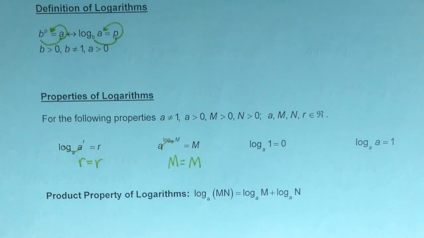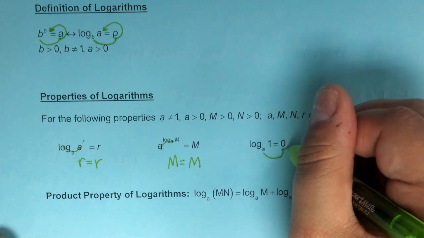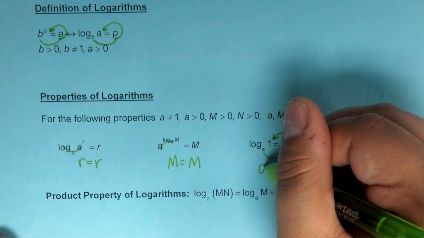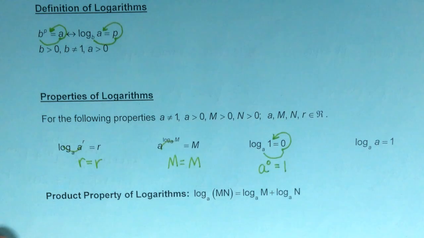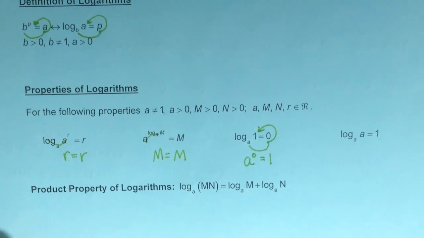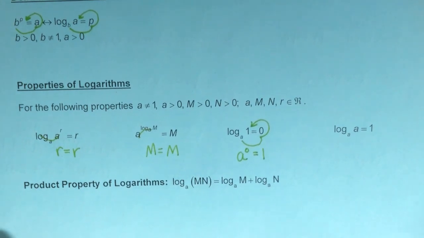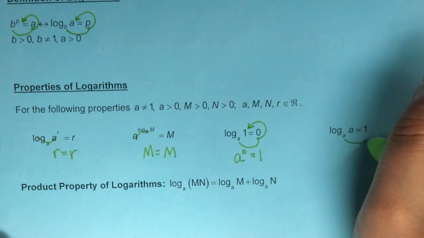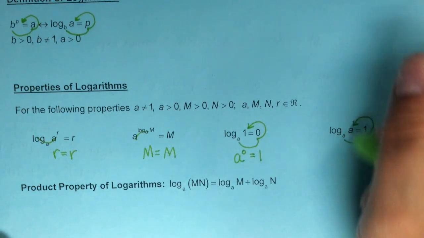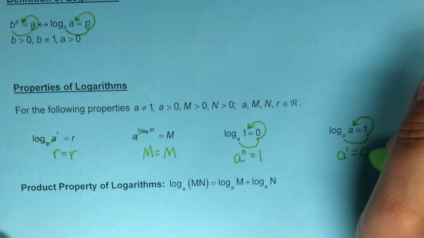Okay? What about a log base A of 1? Why does that equal 0? Anything to the 0 power equals 1. And why does the log base A of A equal 1? So 2 reasons. You can either do the loop, A to the first power equals A. Do you agree with that?